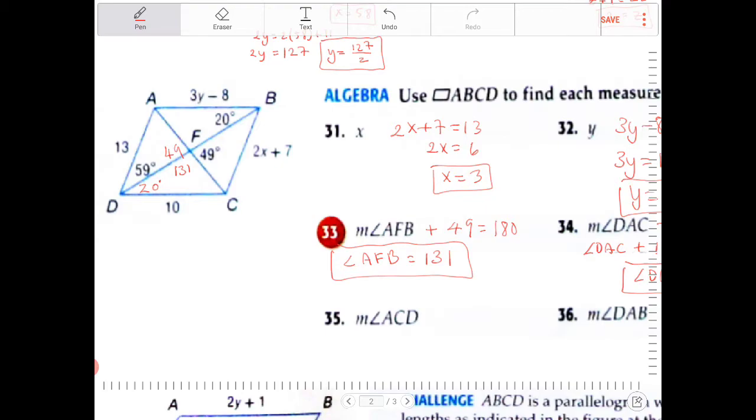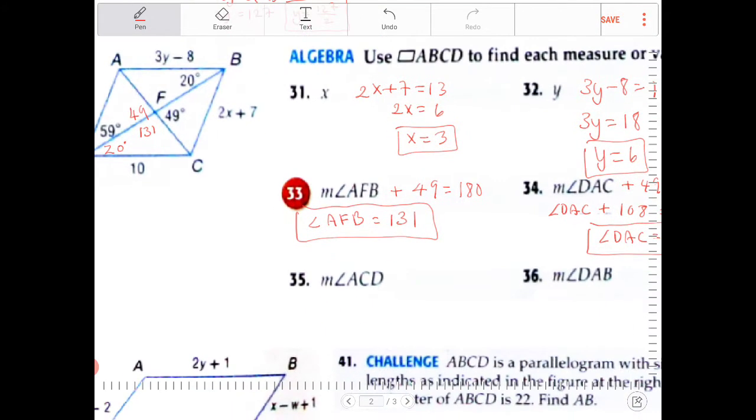So therefore, angle ACD should be supplementary to 20 and 131. So angle ACD plus 20 plus 131 should equal 180. Angle ACD plus 151 is equal to 180. Subtract 151 from both sides. Angle ACD will equal 29.